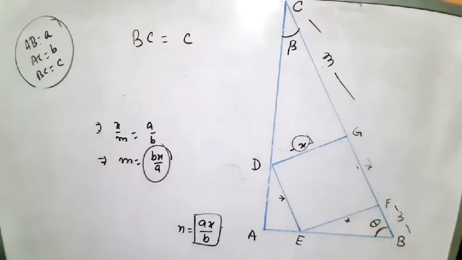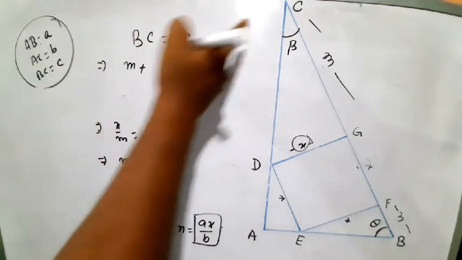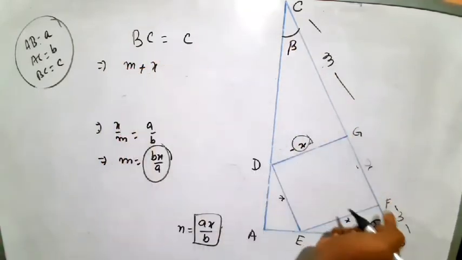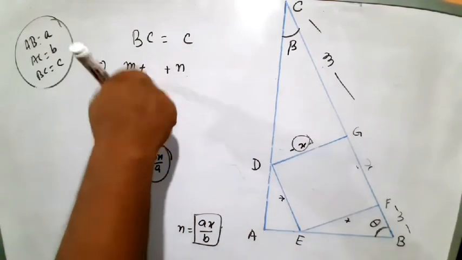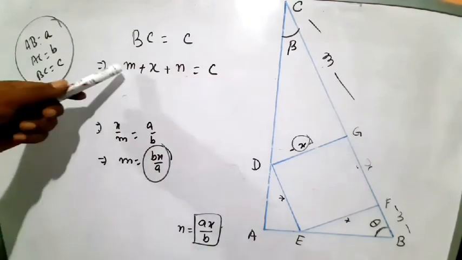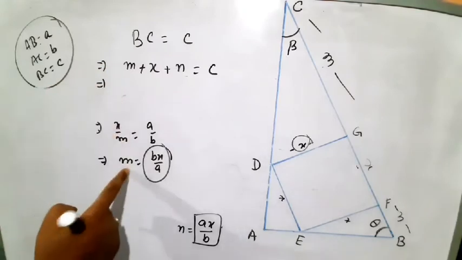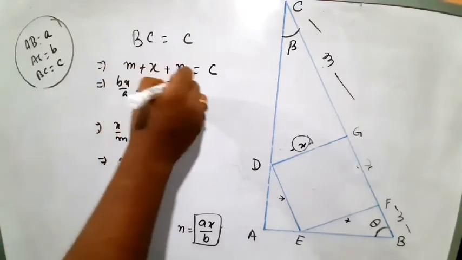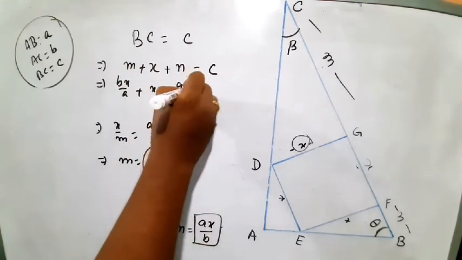We have already let BC equal c. So the value of BC equals m plus x, which is GF, plus n, which is BF, equals c. So we can put the value of m and n here: bx by a, x, and ax by b equals c.